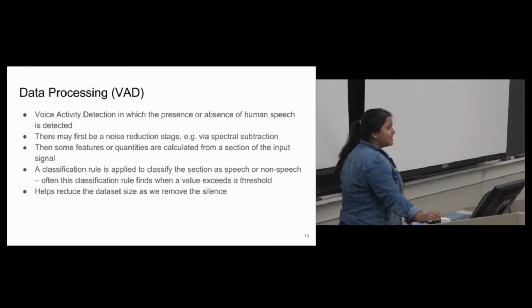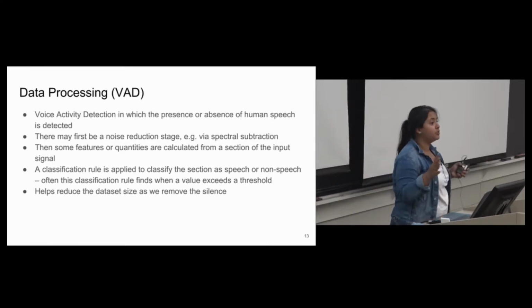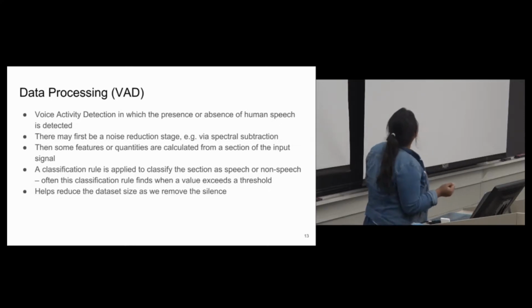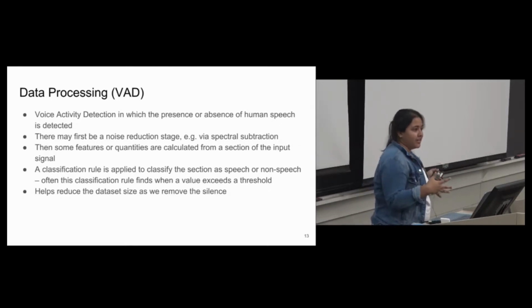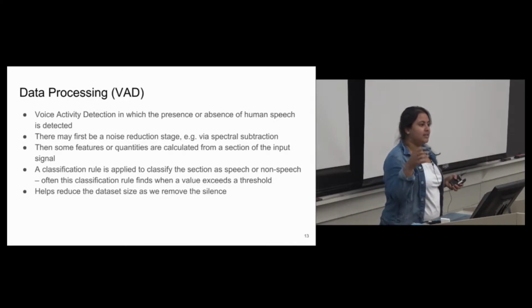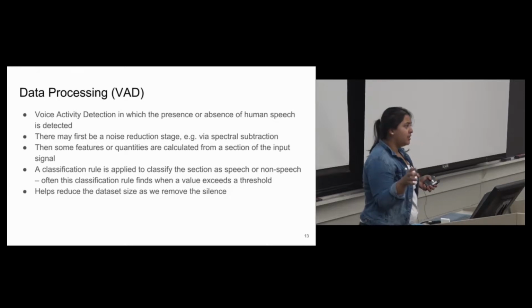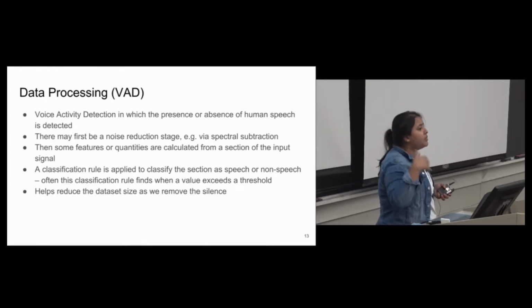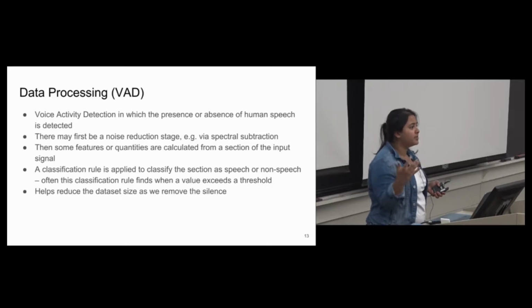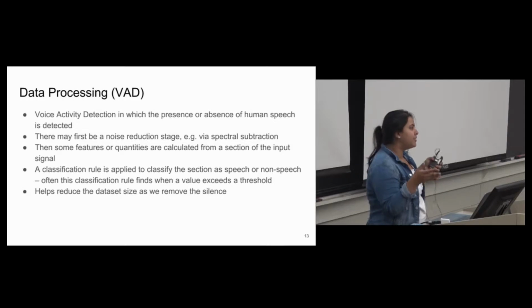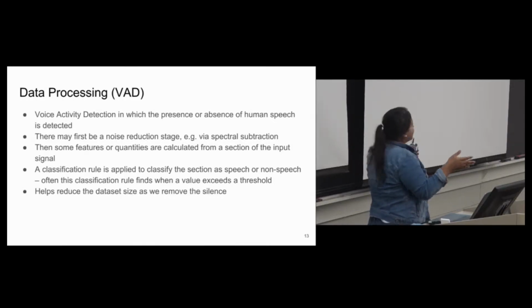As this data set is extremely huge, as you guys see, it was huger before. So we actually tried to reduce it slightly by using voice activity detection. What it does is it finds the presence or absence of human speech. The whole idea behind using voice activity detection is that we want to remove parts which have no speech or are silent, because that reduces our data set to a slightly lower size.